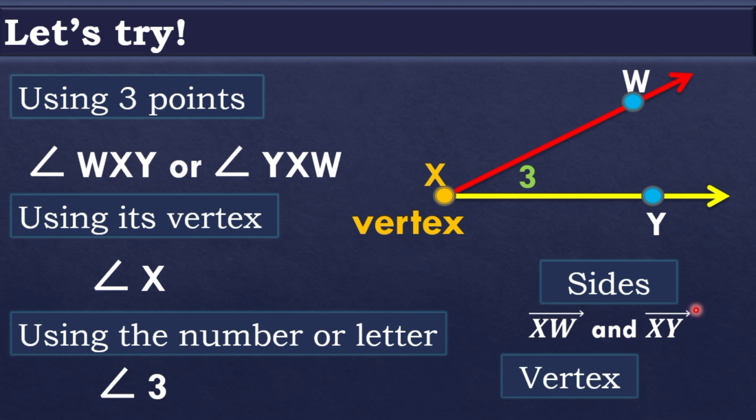Bakit? Kasi nga po ang angle ay binubuo ng 2 non-collinear rays. So, dapat pag sinusulat natin ang sides, meron po siyang symbol ng rays. Okay. And syempre yung vertex, huwag kakalimutan. What is the vertex? Your vertex is X.